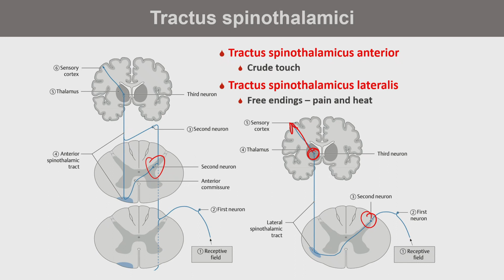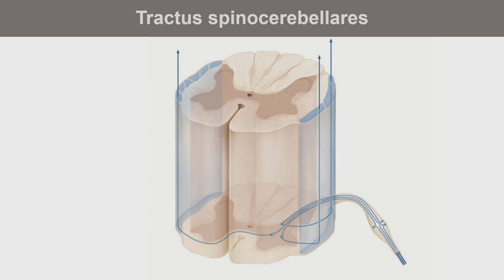The lateral spinothalamic tract also has three neurons, with endings being dendrites of pseudo-unipolar neurons. Spinocerebellar tracts are localized in the lateral funiculi. This is the anterior and posterior one.